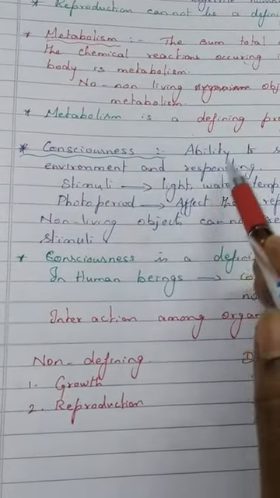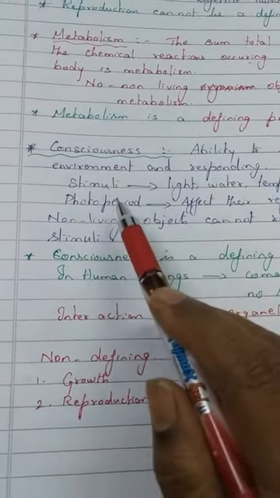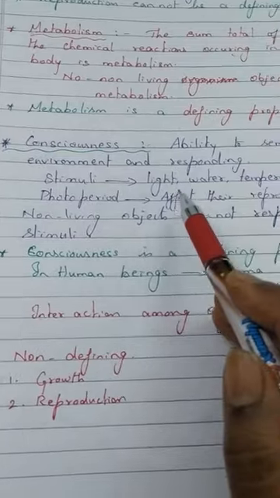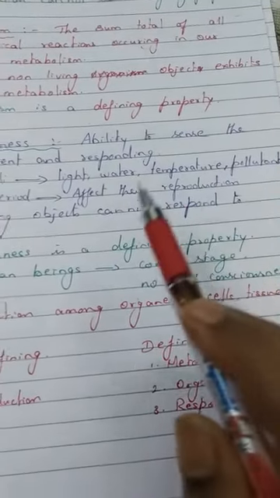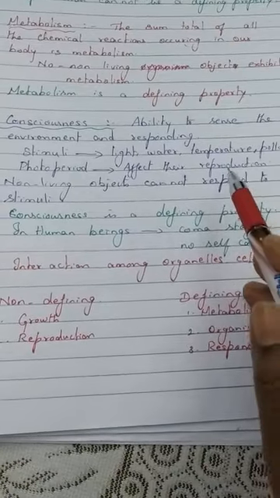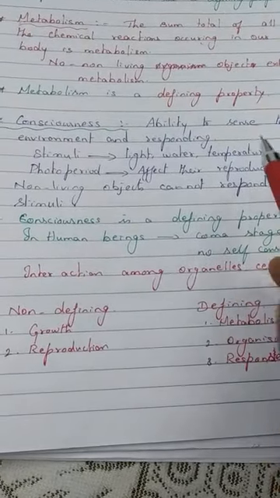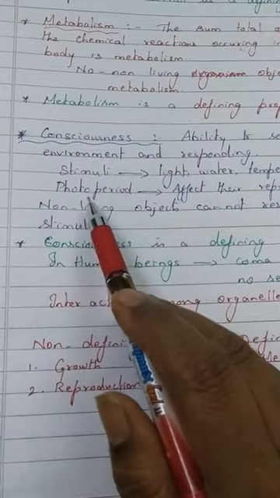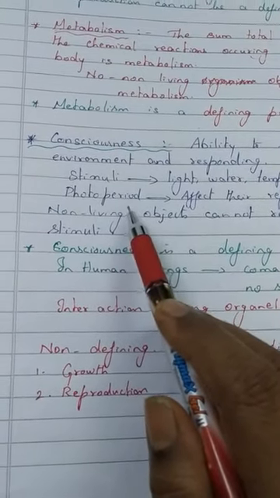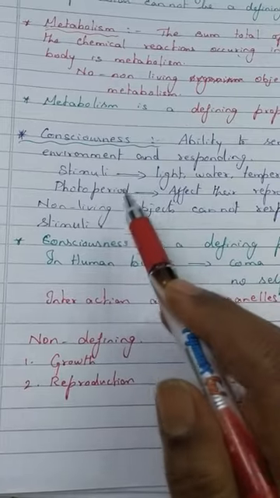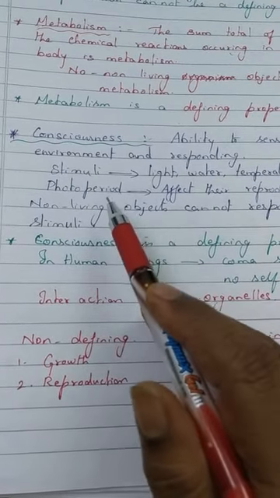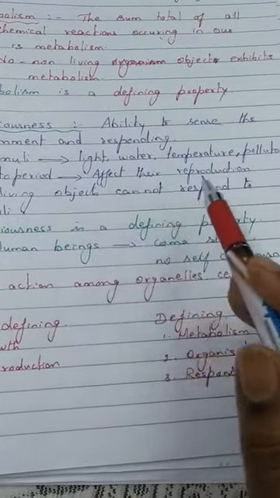They respond to different stimuli like light, water, temperature, and pollutants. Plants and animals both respond to stimuli. And also photoperiodism. Photoperiod is the exposure of living organisms to sunlight. That photoperiod affects their reproduction.